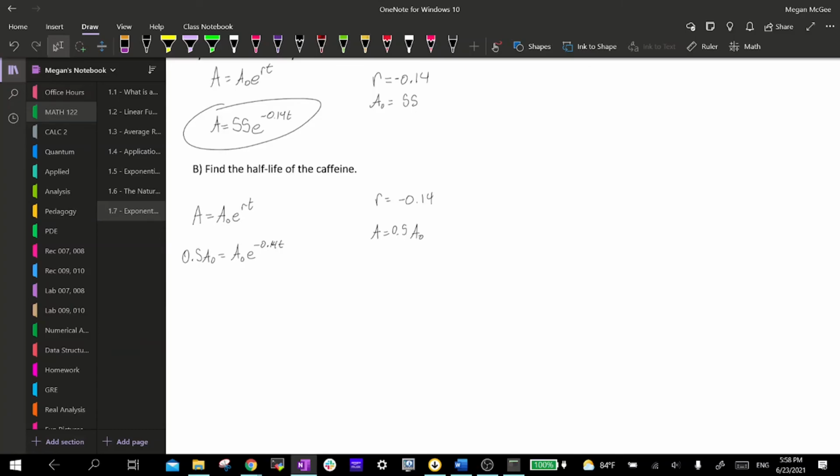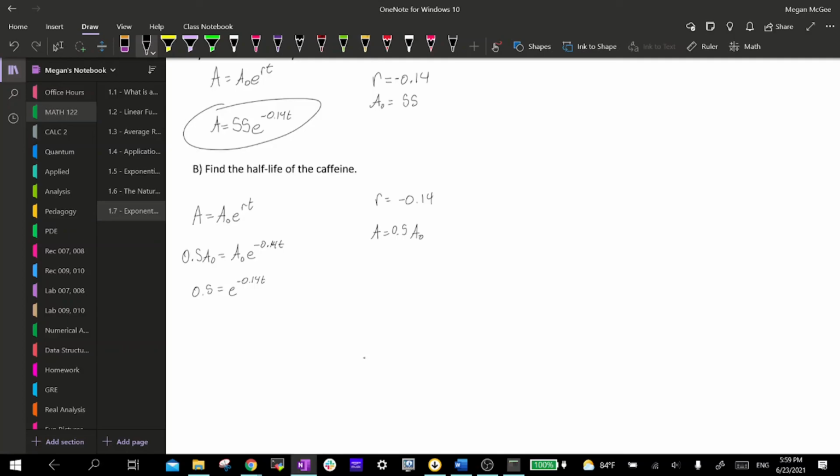This is where I was saying you could put 55 in for your value of A naught if you wanted to, but it's unnecessary at the moment. It would get you the exact same answer at the end. So we'll get 0.5 on the left-hand side is equal to e raised to the negative 0.14 t.